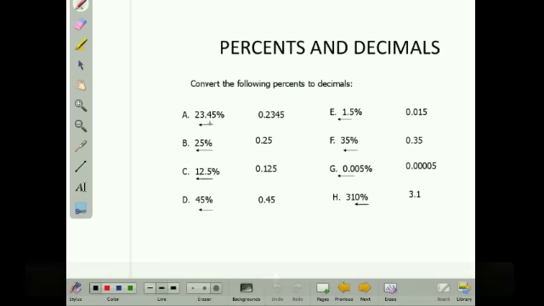We've got a percentage. We want to change it from percents to decimals, so we're going to move it 2 places to the left, and it becomes 0.235. The decimal point is right here behind the 5, and moving it 2 places to the left becomes 0.25, and we keep going. Decimal behind the 5.